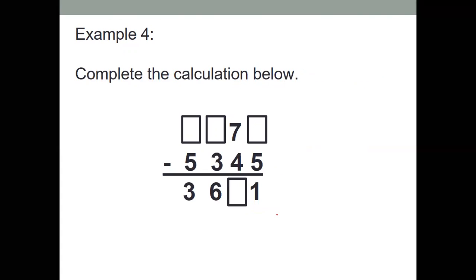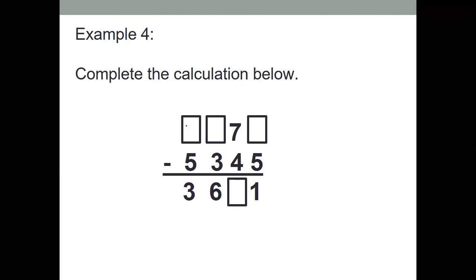How about if we have numbers like this? In the first number, we have only 7. What do you think is the missing digit of the first number? Okay, let's check. Remember, we start from the unit all the time.